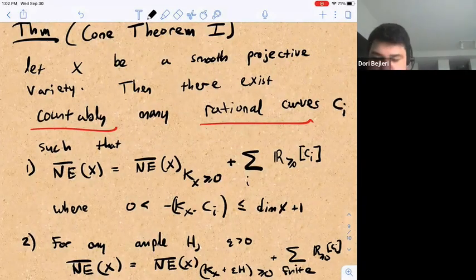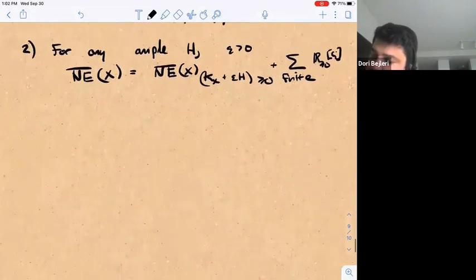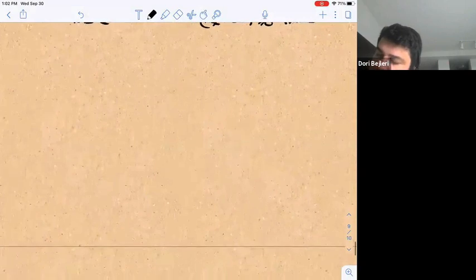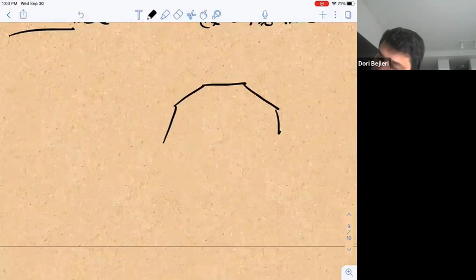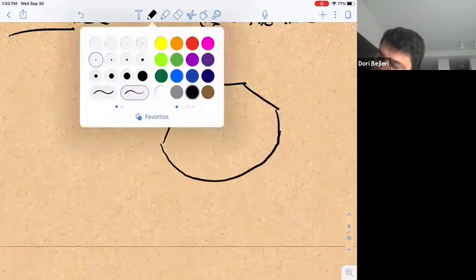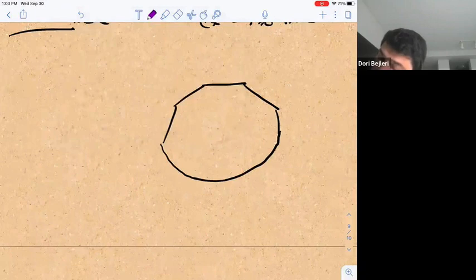Okay, so let me draw a picture then. So we have our cone of curves. Here's the hyperplane K_X equals 0.